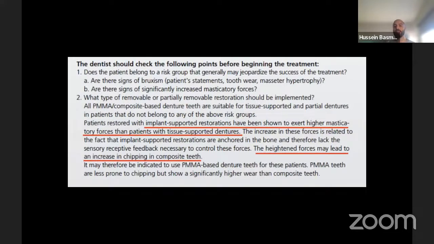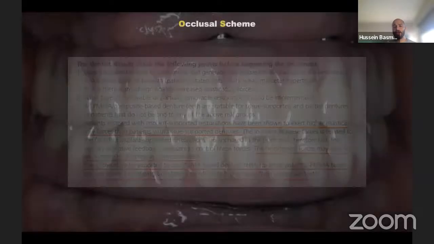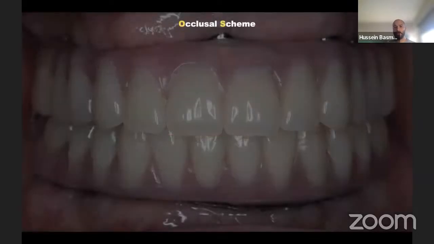Now they lack proprioception. So the heightened forces may lead to an increase in chipping in the composite teeth. So it's always indicated that PMMA-based denture teeth for these patients should be used. Those teeth are less prone to chipping, but definitely have a higher wear than composite teeth.